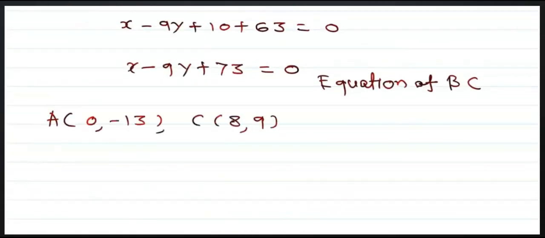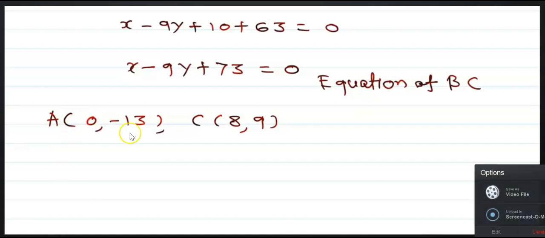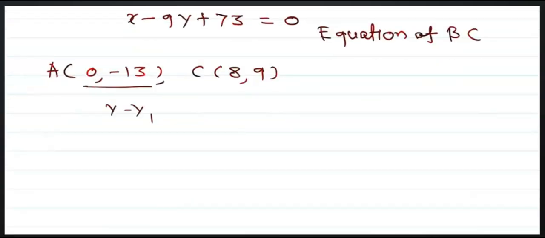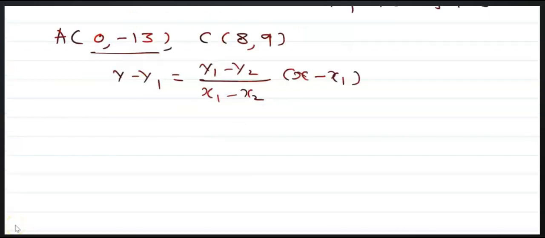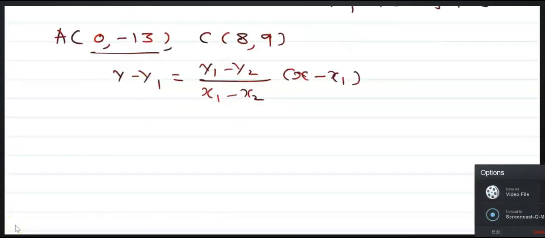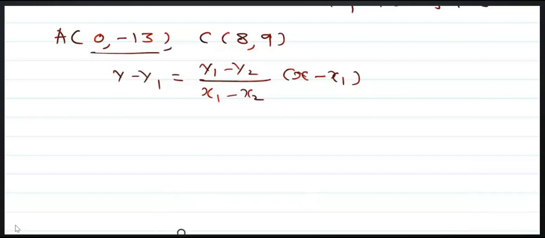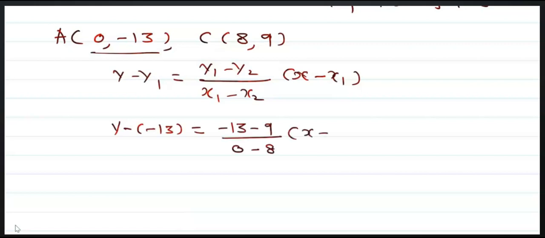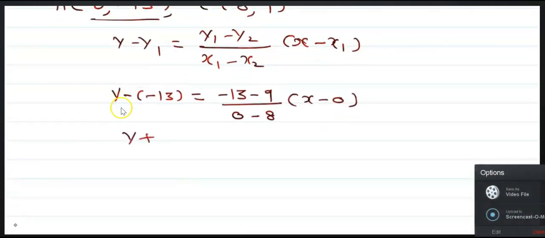This is the equation of the BC. Now the equation of AC. A is 0, minus 13. C is 8, 9. y minus y1 is equal to y1 minus y2 upon x1 minus x2 in bracket x minus x1. This is the general formula I am writing here. Now again substitute their values. That is y minus in bracket minus 13. Here we will take x1, y1, x2, y2.